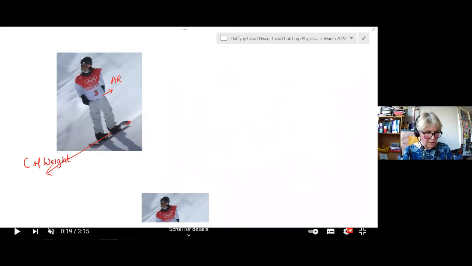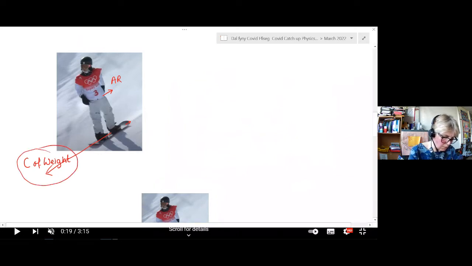But as he's speeding up, because this force is very big compared to any other resistive forces slowing him down, that means the resultant force is in this direction, i.e. down the slope, and the resultant force tells you that there will be an acceleration, because the resultant force is proportional to the acceleration.